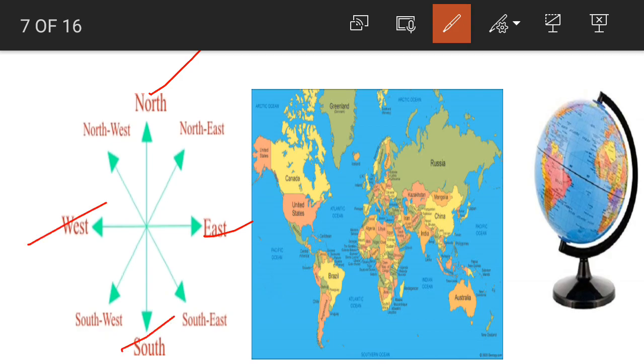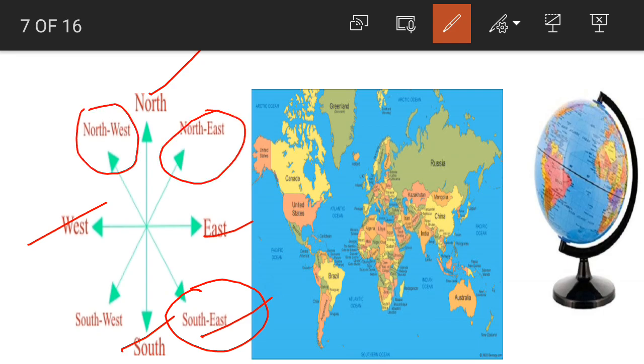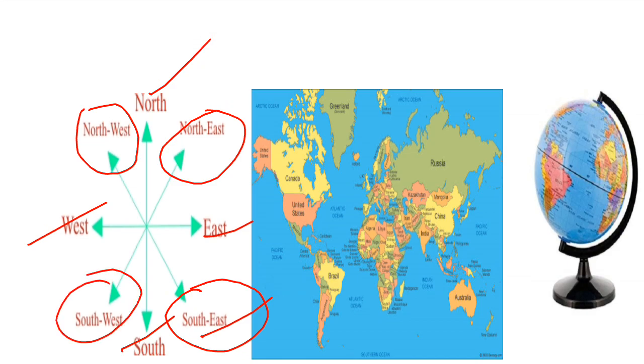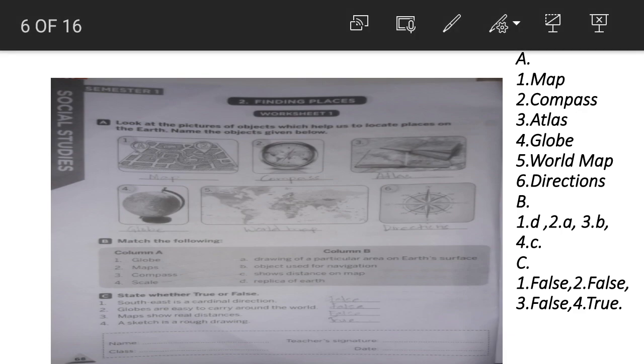These are the main directions. But southeast is not a cardinal direction. Southeast, northeast, northwest, and southwest are sub directions, meaning intermediate directions. So write false.